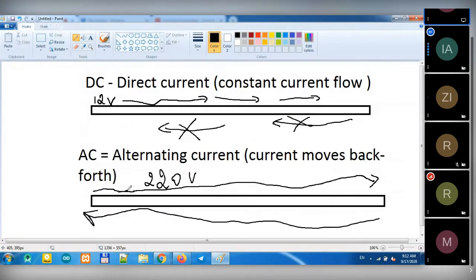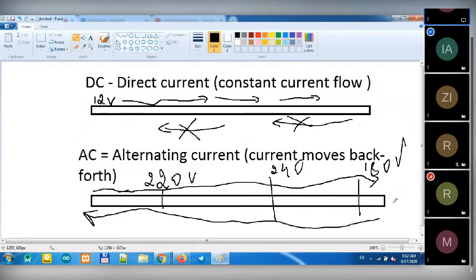So it always works like this. It moves to the right and goes back to the left and goes to the right again, goes back to the left again. So the most important thing is it's always jumping. Let's say here 220 volt, here it may become 240 volt, and here it may become 180 volt. It's always changing because it's moving around.